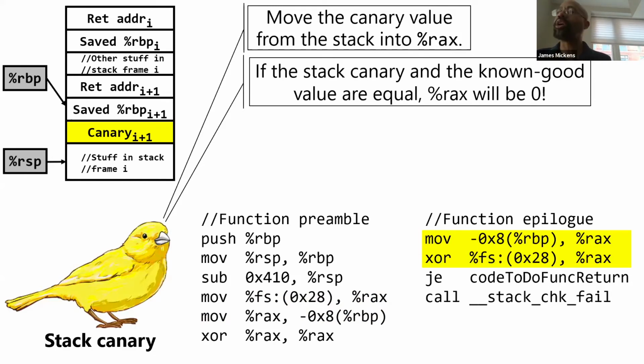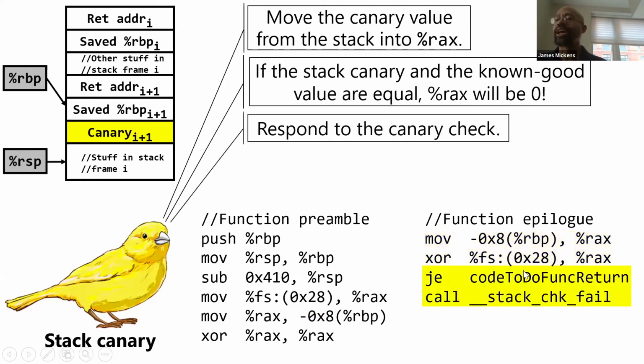This is user level code that right before the function returns is going to pull the value of the canary off the stack, compare it to the known good value, and then depending on how that check resolves, we're either going to return from the function as normal or call this failure function here. That's user mode code too. Typically what this will do is print out an error message, then crash or exit the program.